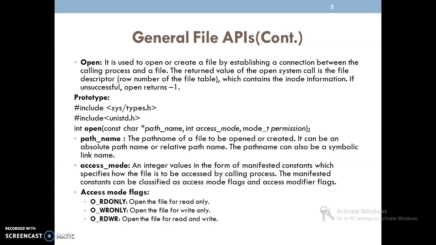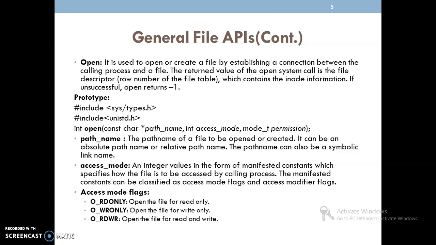So these are the two header files we are using for any API here. The prototype for Open API contains three arguments mainly. One is path name, which is of type character, access mode is of type integer, permission is of type mode_t. I'll come to the points one by one.